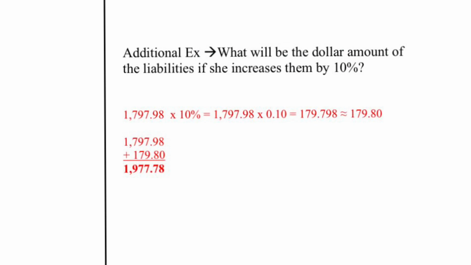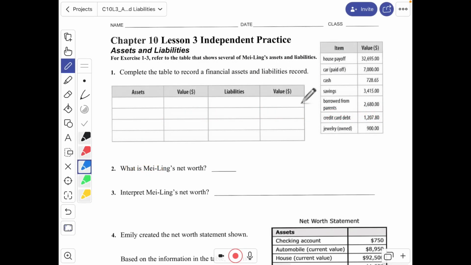Let's look at what you're supposed to be doing today. You're supposed to identify the assets and liabilities. Remember, if you pay it off, if it's paid for, it's an asset. If you still owe on it, it's a liability. So figure out which ones are the assets and which ones are the liabilities.